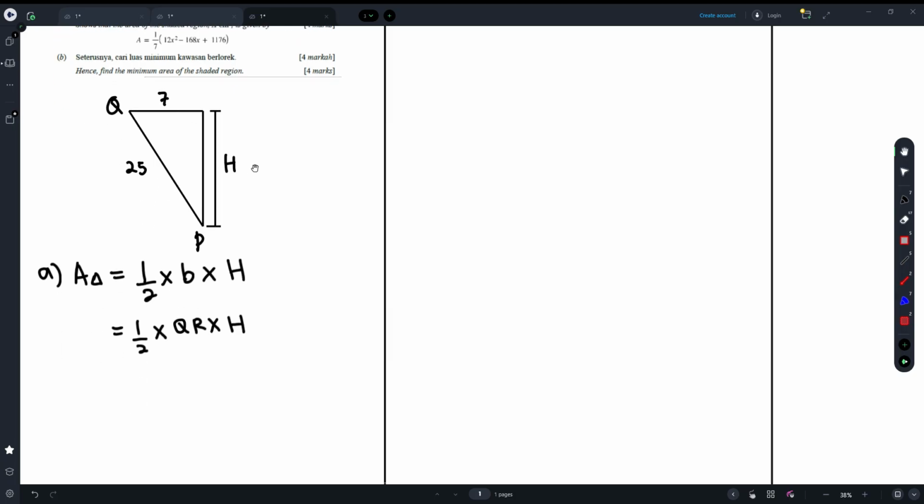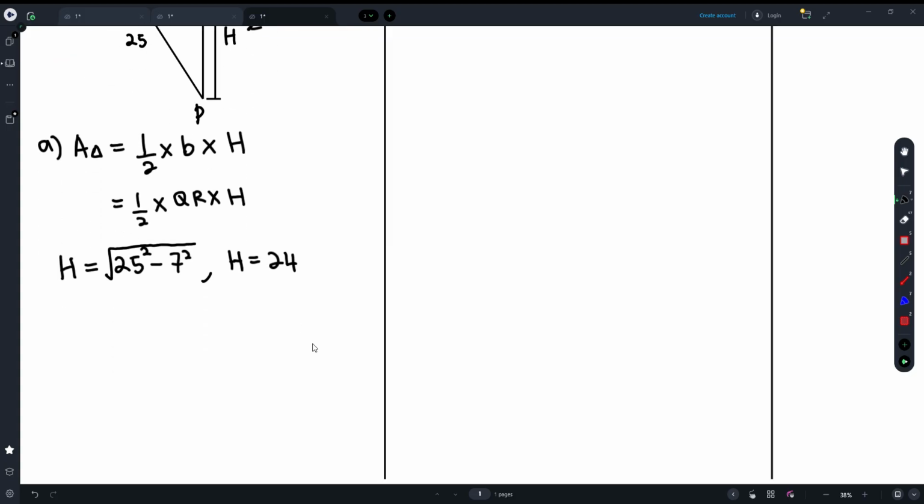Now we can find our height, which is the h value here, by using Pythagoras theorem. So h will be the square root of 25 squared minus 7 squared. You'll end up getting h equal to 24.